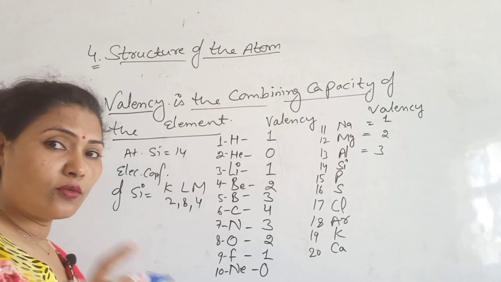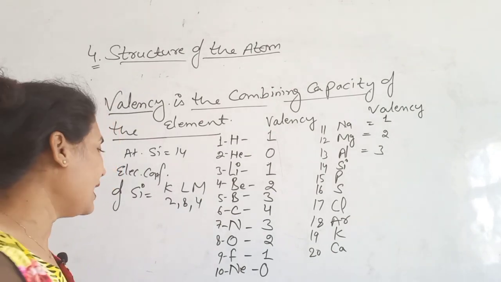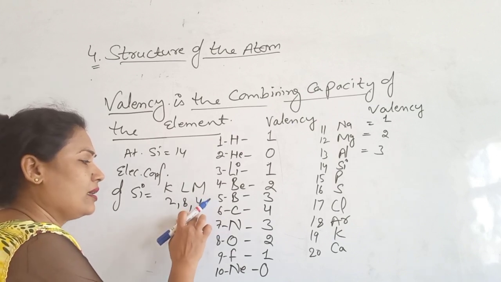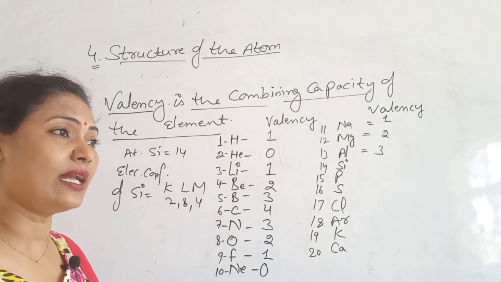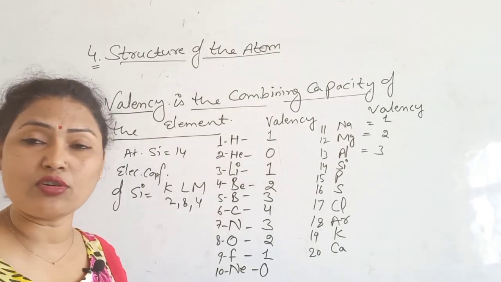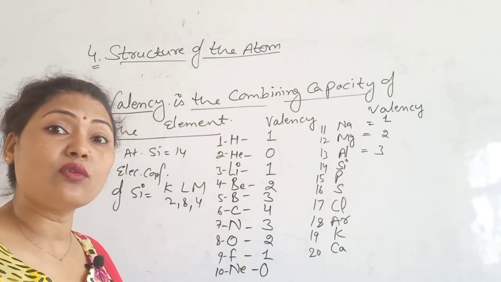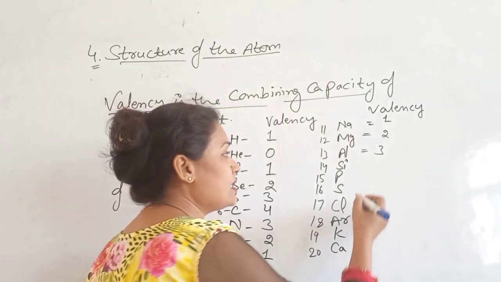Okay. So 4 is the valence electron. The valence shell contains 4 electrons. The last orbit or shell is the valence shell, and the electrons present in the last orbit or last shell are known as valence electrons. Okay. So its valency is 4.